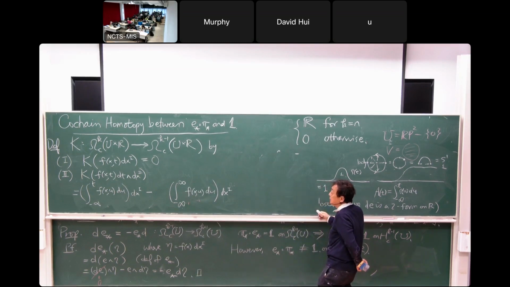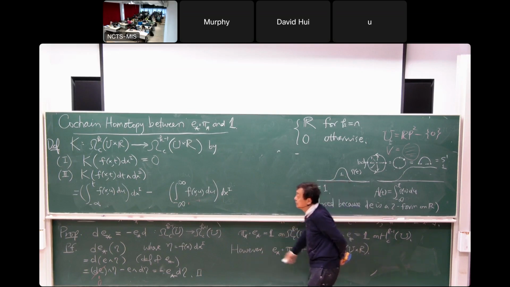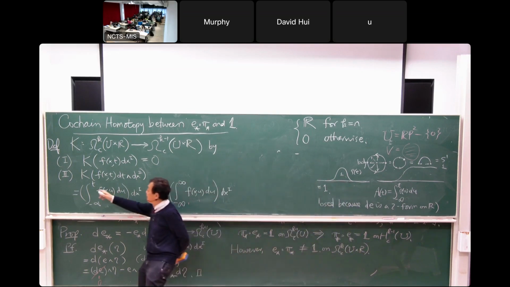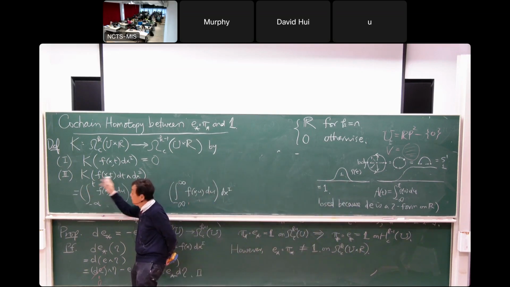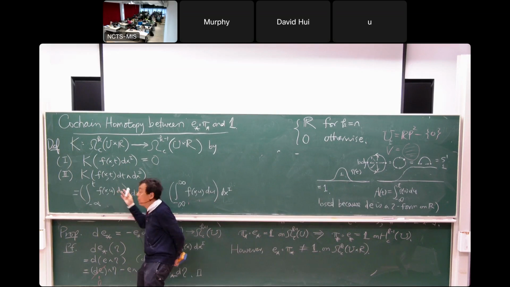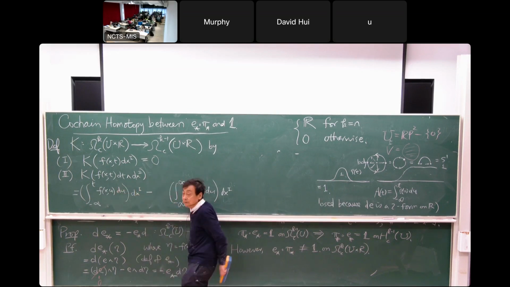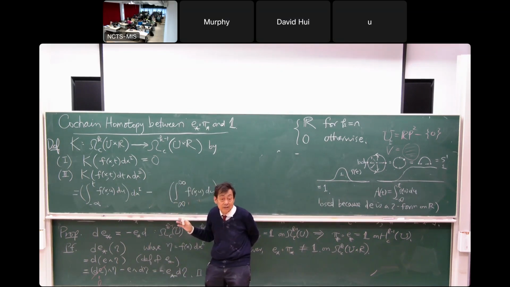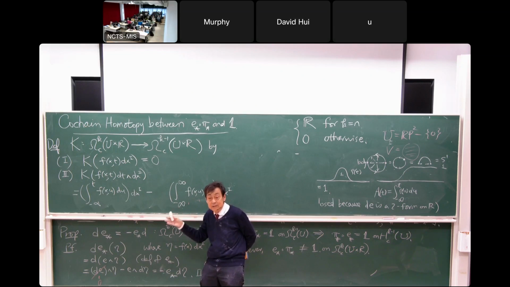So yeah, at minus infinity, right? If t is minus infinity, this is 0. But you have this term here that's non-zero. Okay. So this formula is 0 at infinity, but it's not 0 at minus infinity. And you need it to be 0 at infinity and minus infinity.